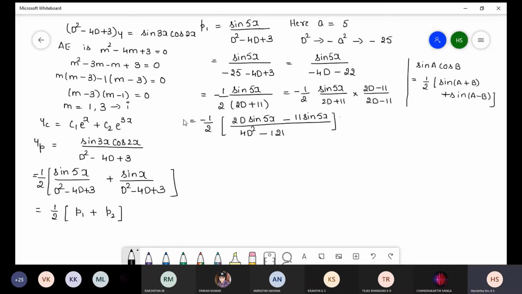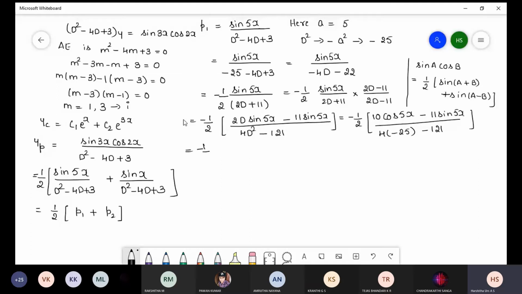Now minus 1 by 2, differentiation of sin 5x is 5 into cos 5x. So 5 2s are 10 cos 5x minus 11 sin 5x. D square value is minus 25, so here minus 100 minus 121.